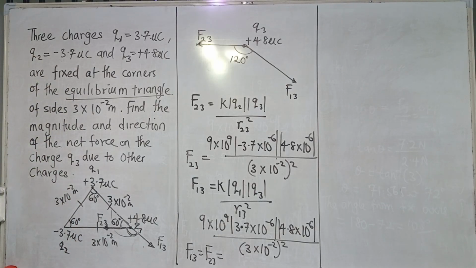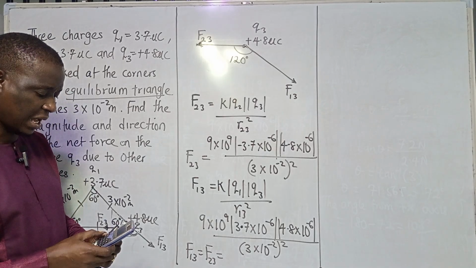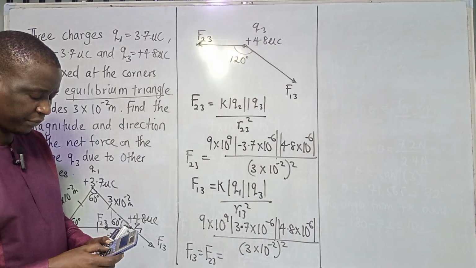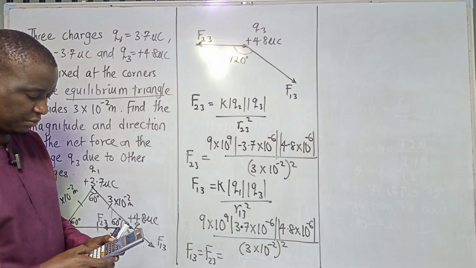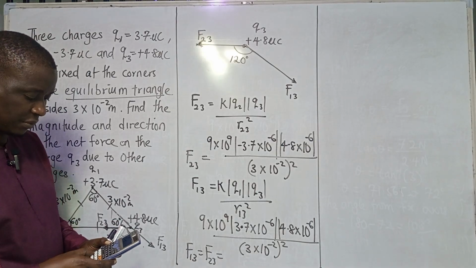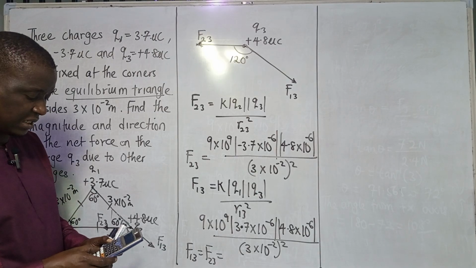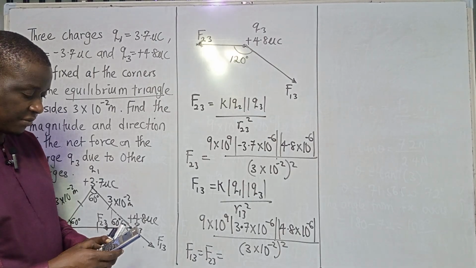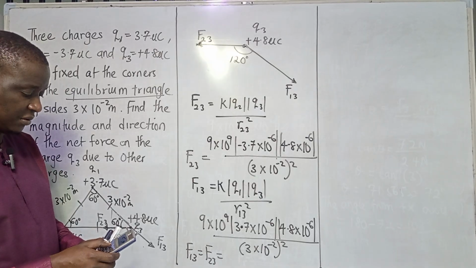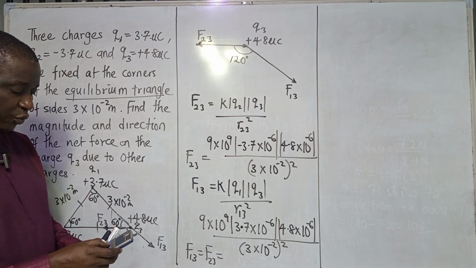Let's press our calculator and let's see what we have. You can do that alongside with me. Then times 4.8 times 10 to the power minus 6, then all divided by 3 times 10 to the power minus 2, all squared.